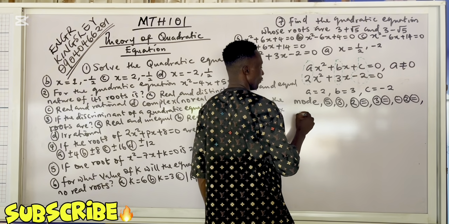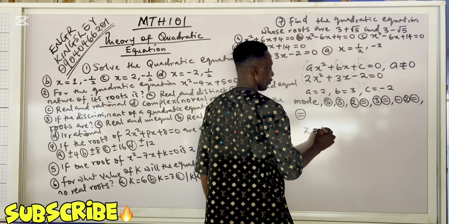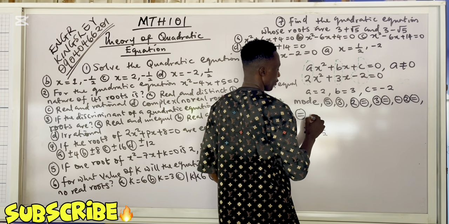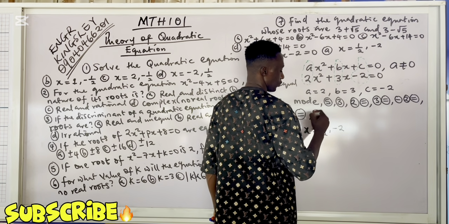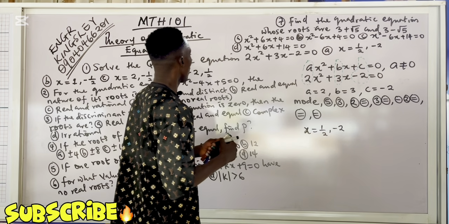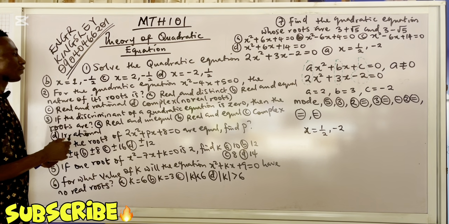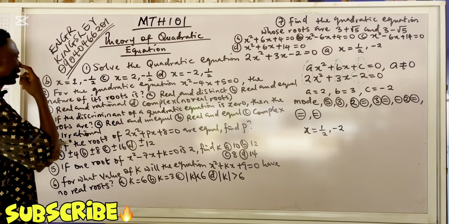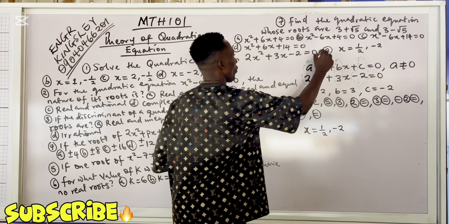Finally, you press equals to get the first value of x to be 1/2, and another equals to get the second value of x to be minus 2. Which option is true about this solution? If you look at it very well, you see that option A is correct.